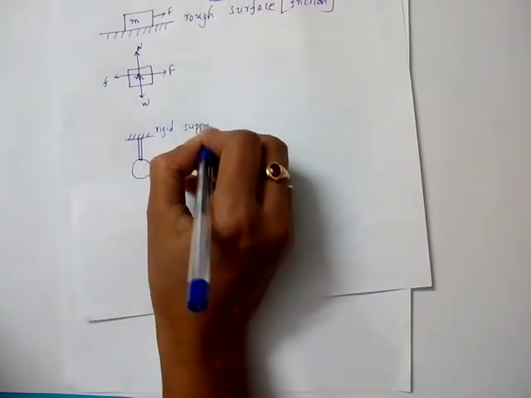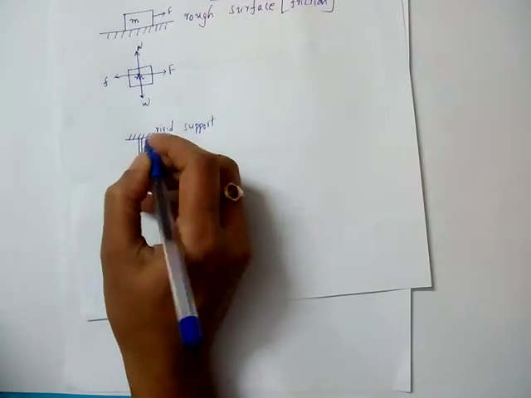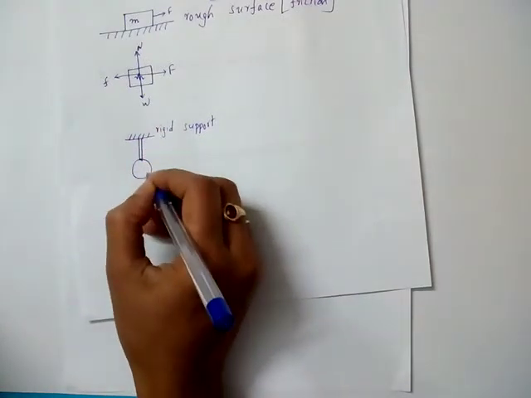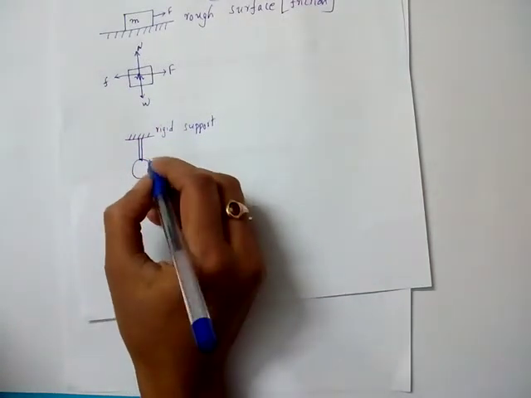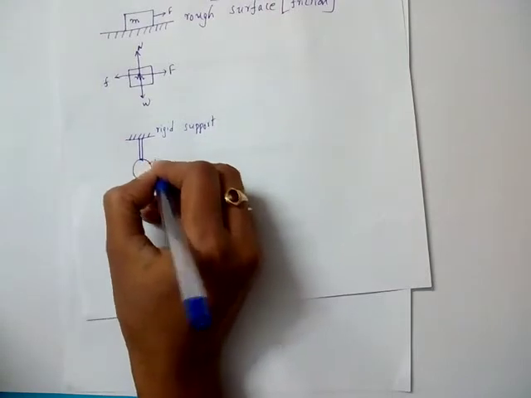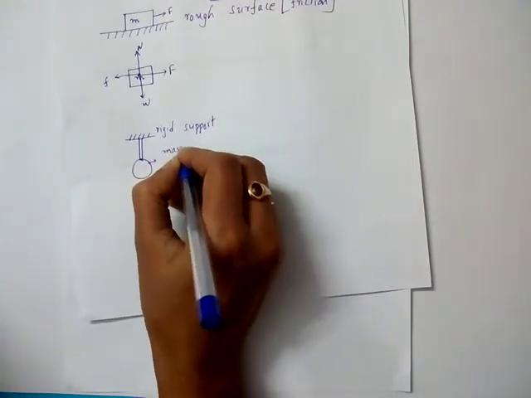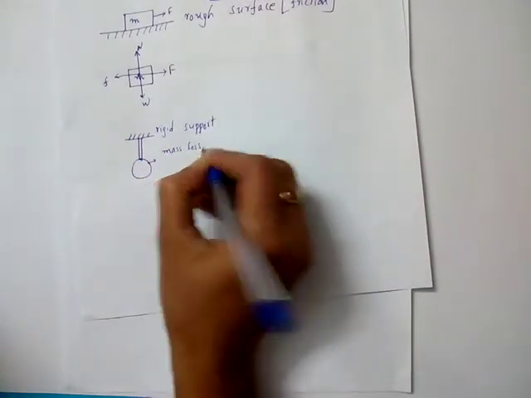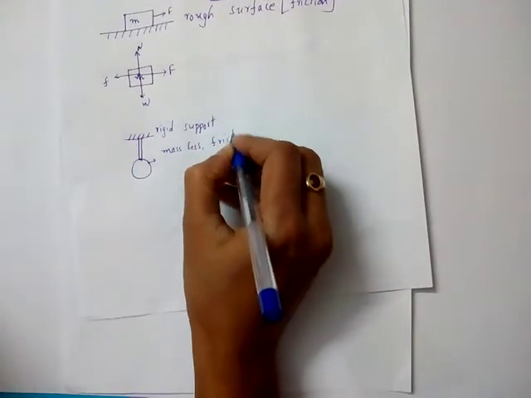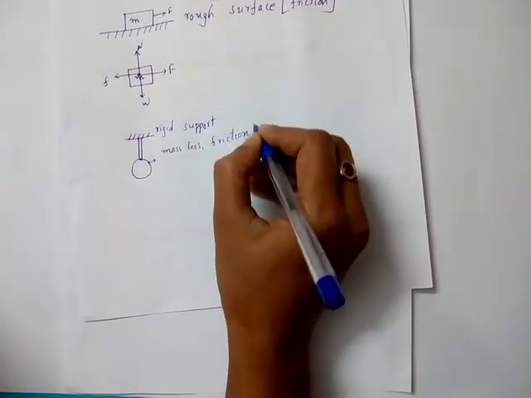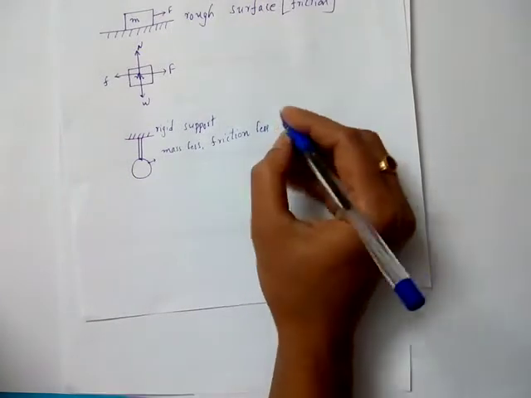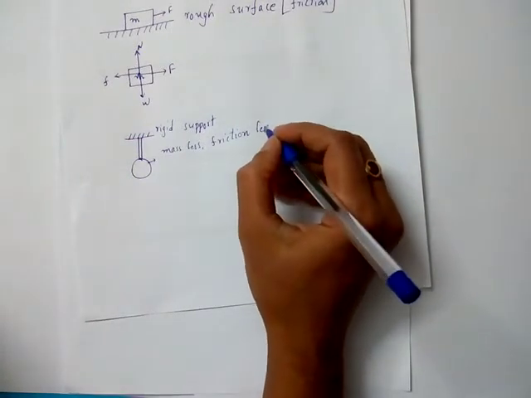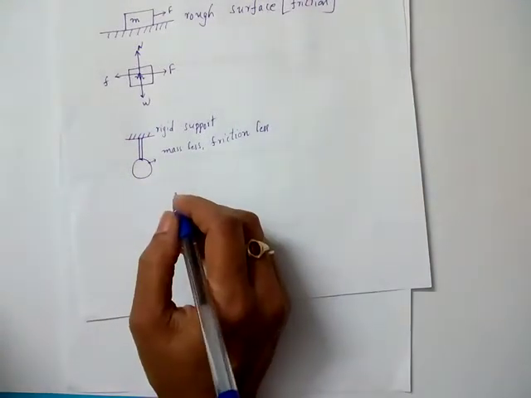Even pulley is fixed to this support, so that only pulley will be able to rotate, and here we consider massless and frictionless pulley for our convenience. Okay, to make our situation simple, we just take massless and frictionless pulley.